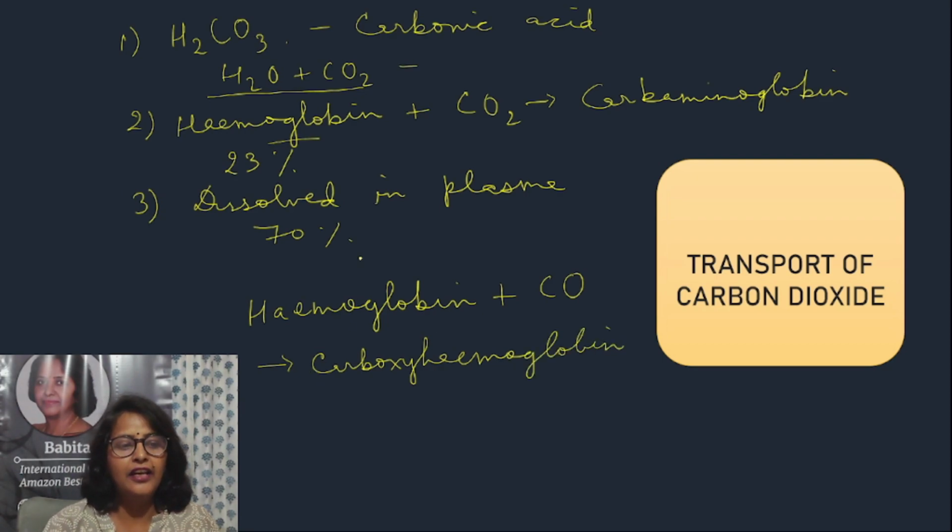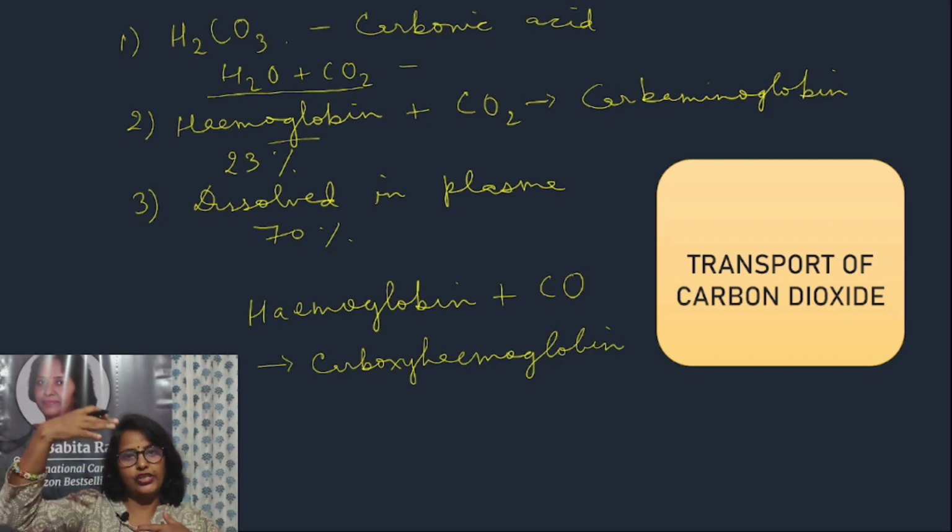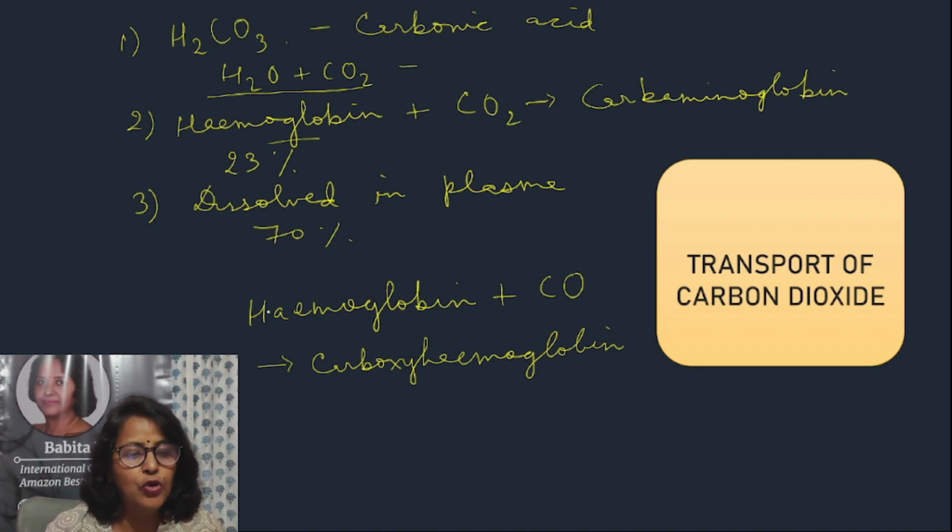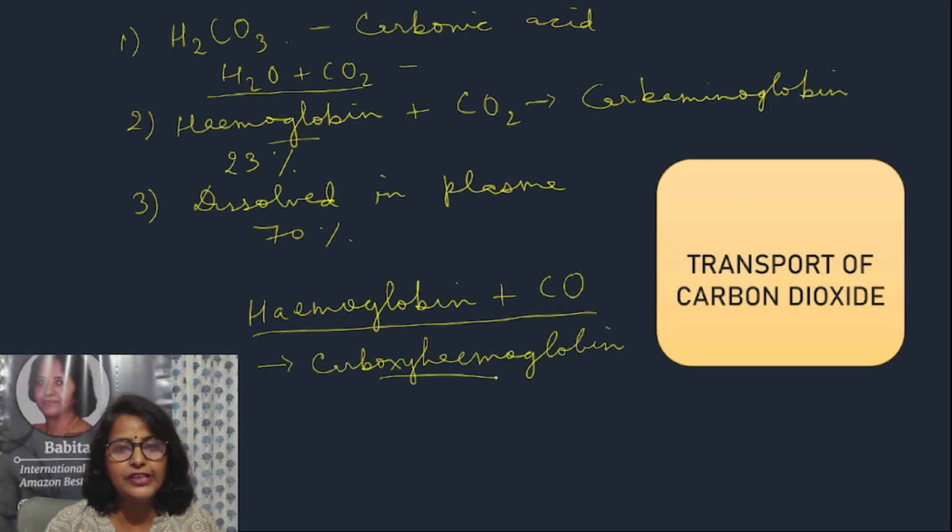But here, when we were studying oxygen and carbon dioxide, I told you it takes oxygen to one place, releases the oxygen, and hemoglobin becomes free. But in this case, when hemoglobin combines with carbon monoxide and a compound is formed, this is a chemical change. It will not release hemoglobin, it will remain in this form only.